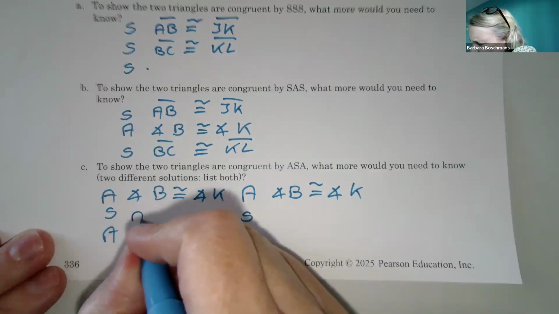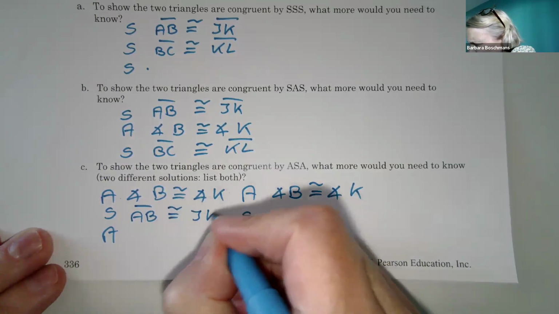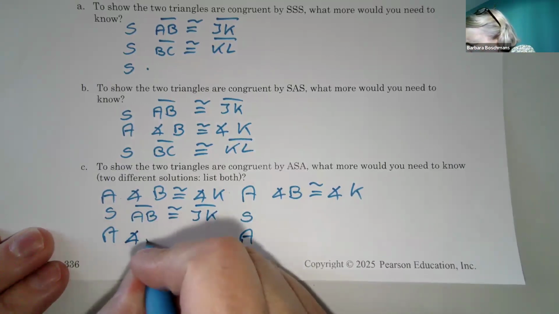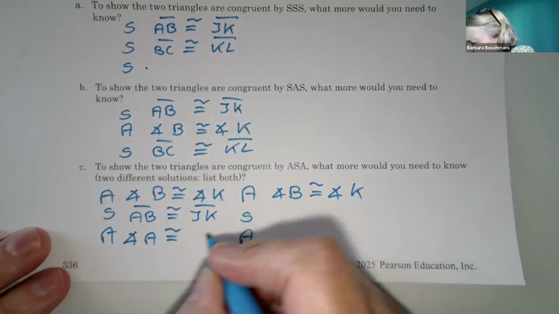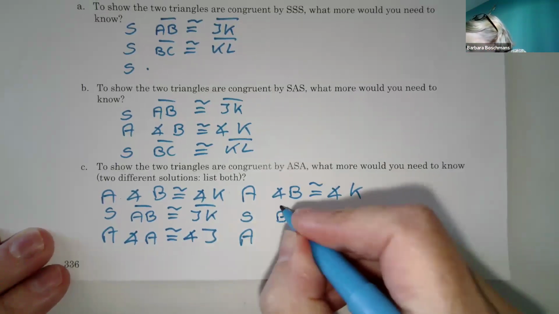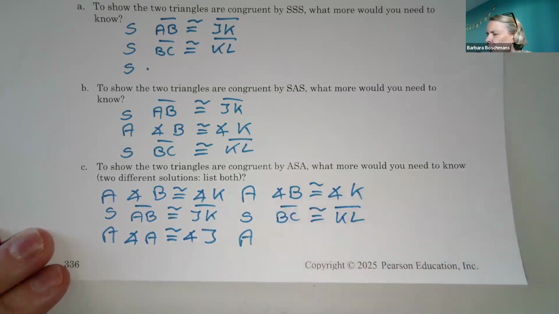If I do AB congruent to JK, then the angle has to come at the end of side AB. So then angle A has to be congruent to angle J. If I go to the right side, the other side of angle B, I go to BC as a side. That's going to be congruent to KL. Now you pick the angle on the other end of line segment BC. So you fill out this missing one.